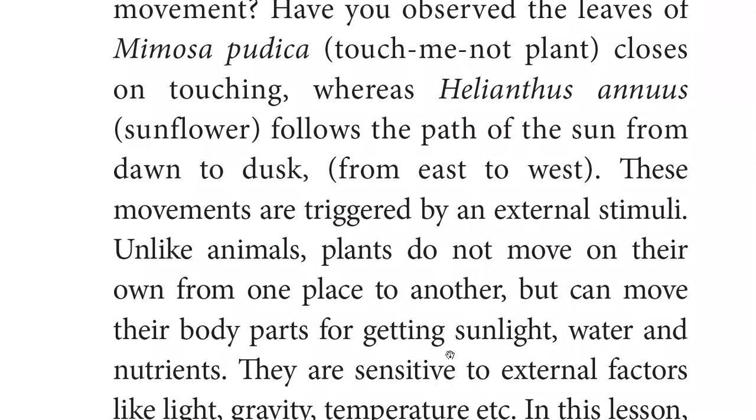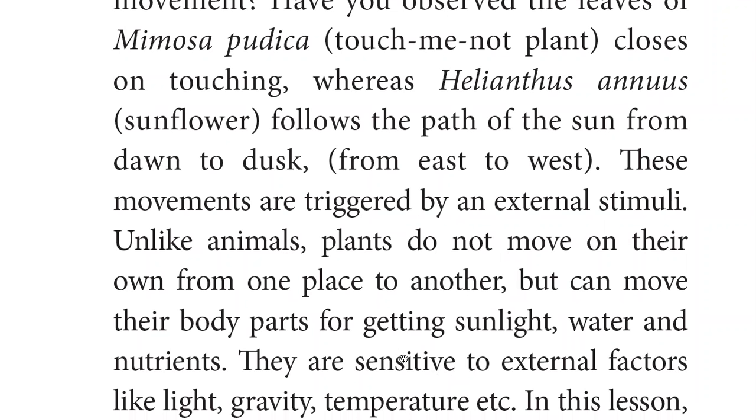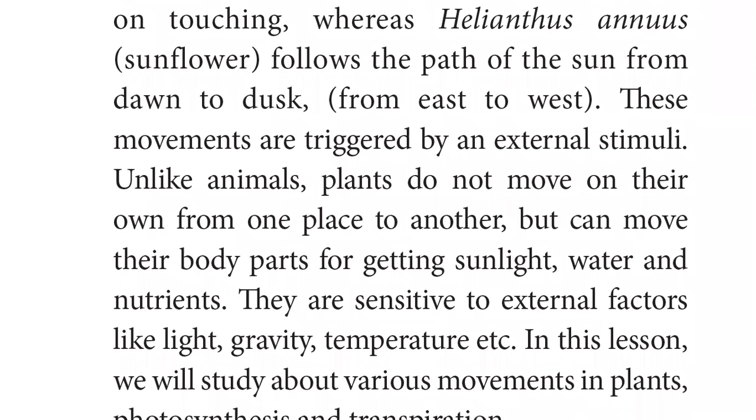Unlike animals, plants do not move on their own from one place to another, but can move their body parts to get sunlight, water, and nutrients. They are sensitive to external factors like light, gravity, and temperature.